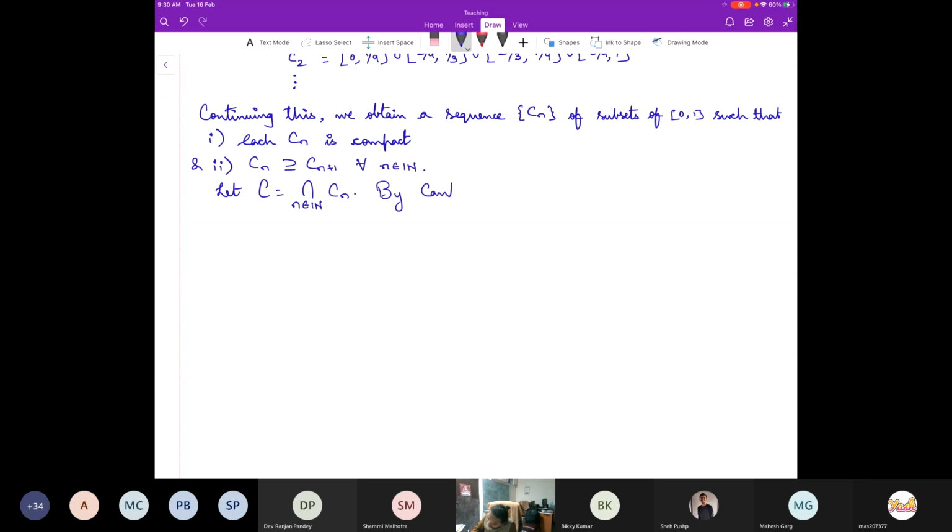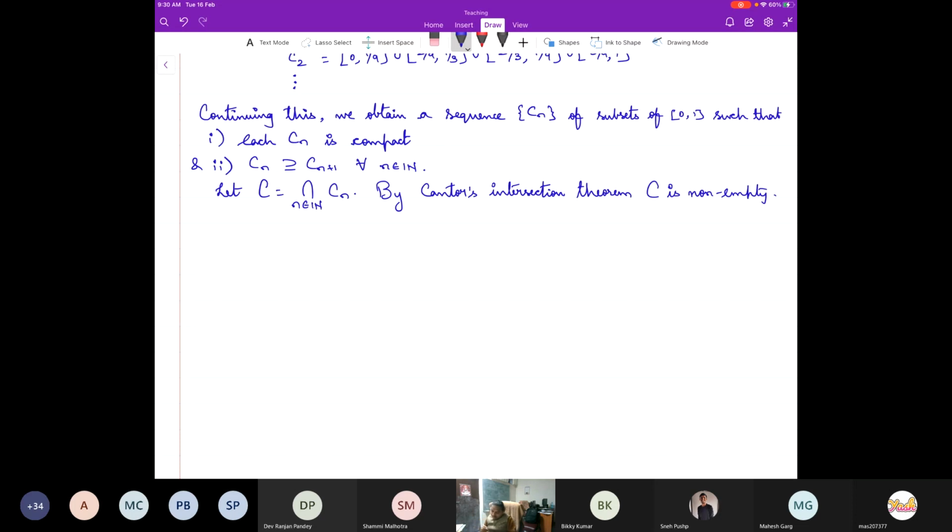By Cantor's intersection theorem, C is non-empty.